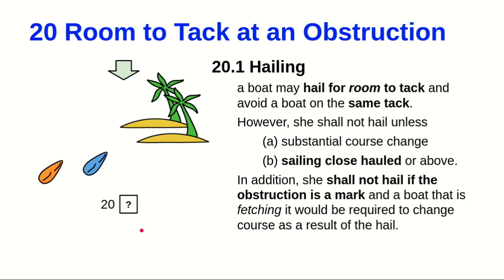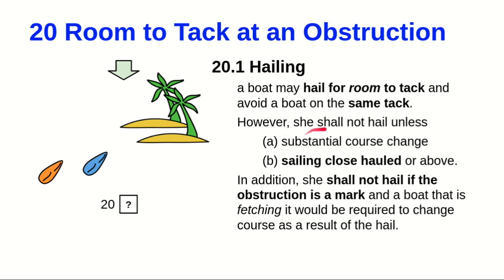Room to tack an obstruction. Tacking an obstruction is different to just passing the obstruction, because not only do you need room to do a manoeuvre. So again, we start off by looking at the point 1 part of the rule to see when the rule can apply. Hailing. A boat may hail for room to tack and avoid a boat on the same tack.